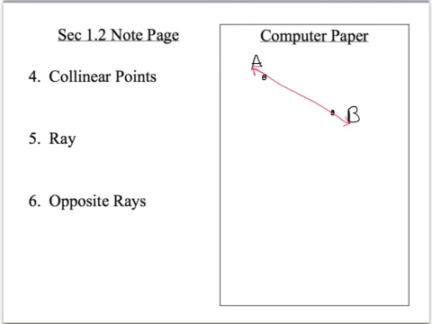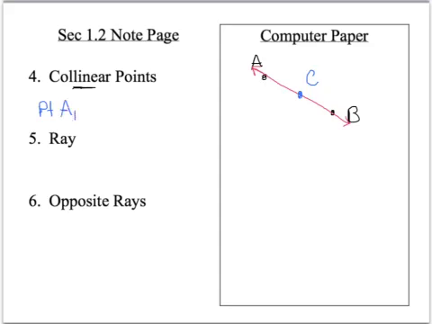Okay, now let's talk about collinear points. Collinear points are points that lie on the same line. Hence, you kind of get that collinear points. Okay? So I can put another point on this line because a line is made up of infinitely many points all close together. So what I'm going to do is put a point on my line AB and call it point C. I could say that points, or another way to show points is just abbreviate PT for point.